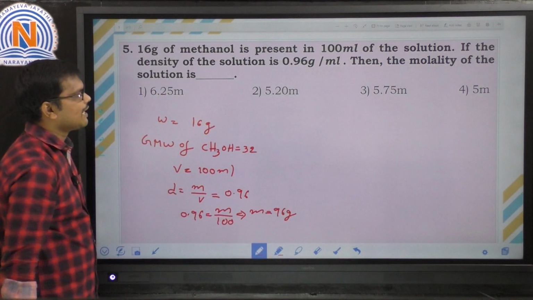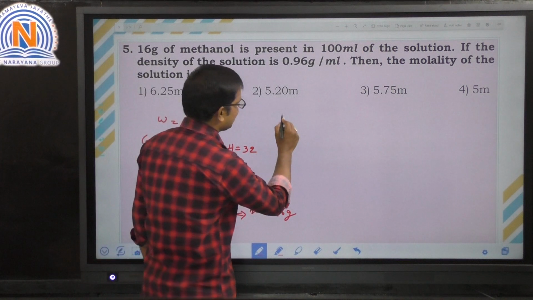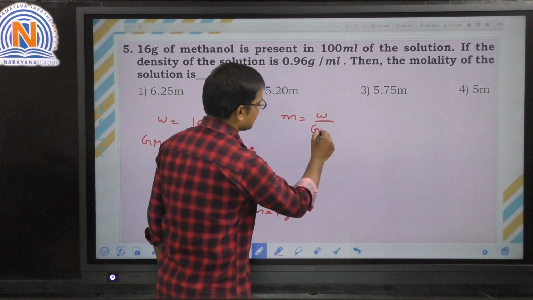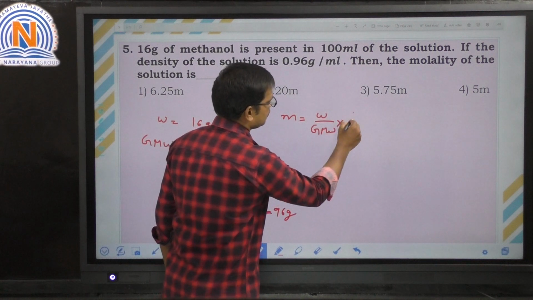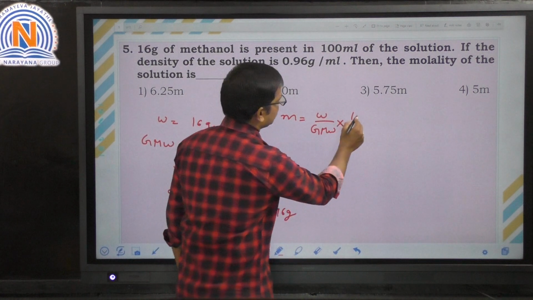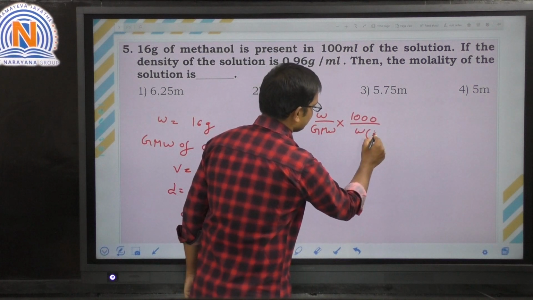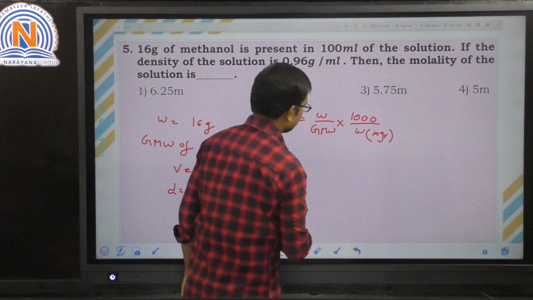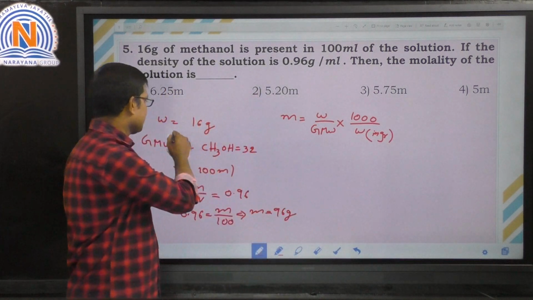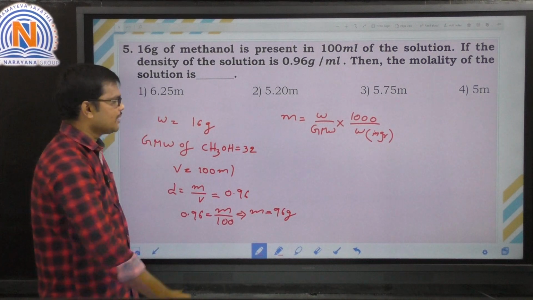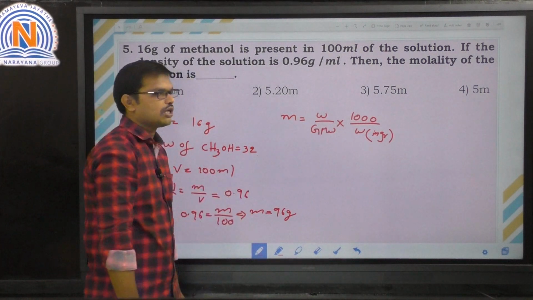But you want to calculate molality. So molality equal to the formula: weight by gram molecular weight into 1000 by weight in grams. So weight you know, 16 grams, gram molecular weight you know, 32 grams, and the weight of the solvent.